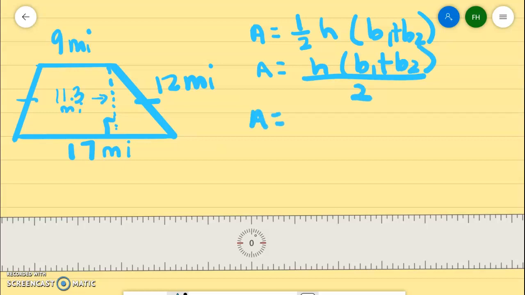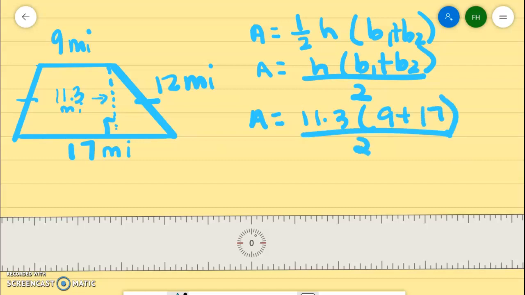So our height is the little line that connects the two bases that makes a right angle, so it's 11.3, and our bases are the 9 and the 17, and we're going to divide that by 2. And so 26 times 11.3 is 293.8 divided by 2. And you would get 146.9 square miles.